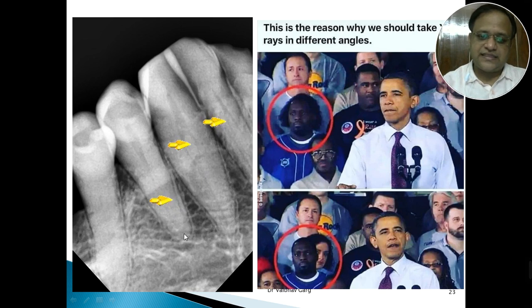That also means that there is some anatomical difference, or some different anatomy available within the tooth. So if these teeth have to be treated for endo, we have to be very careful regarding these extra canals. If in this photograph also, if we don't have an extra look or an extra radiograph at a particular angle, if we don't see, there can be a misreading.